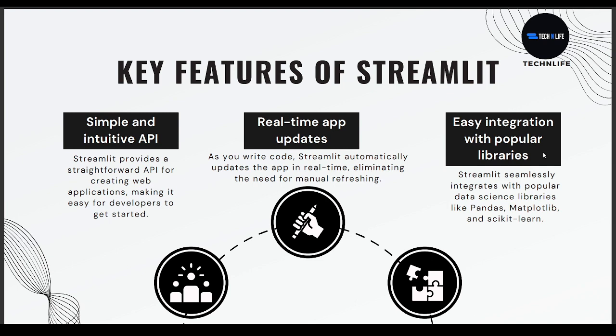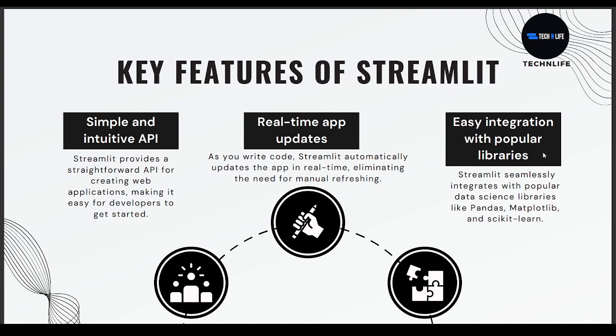And real-time app updates. Whenever you are checking a machine learning or deep learning application using Streamlit on your web browser, and you find something to be changed in your code block, you change it there and you need not restart the application. You just reload the application in the browser, and the updates which you have made in the code will be available in the browser.